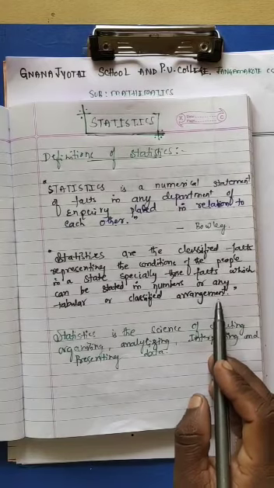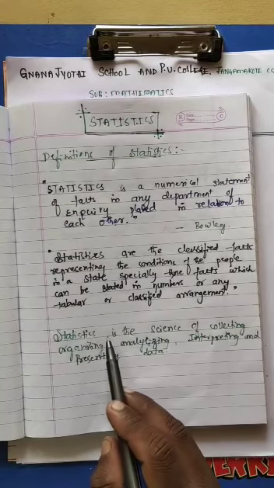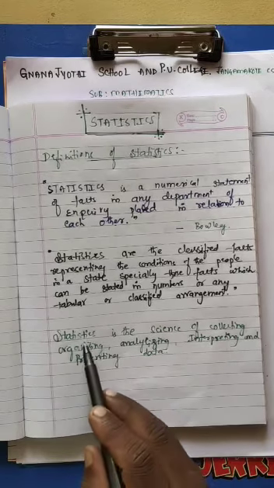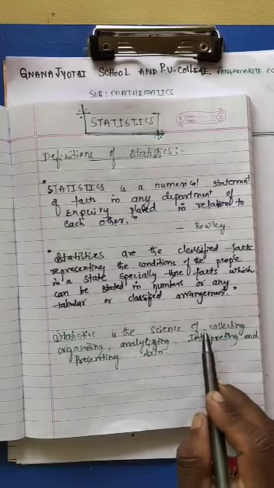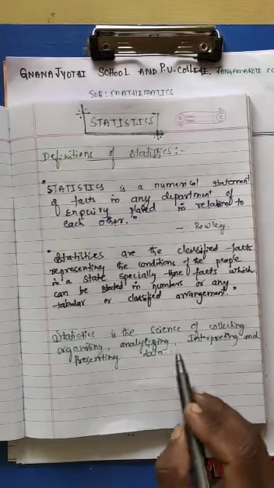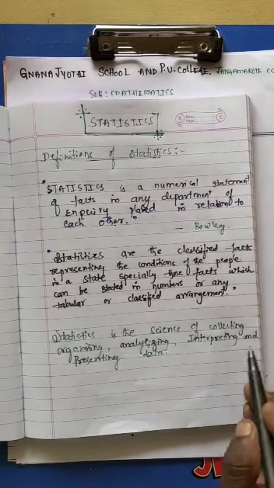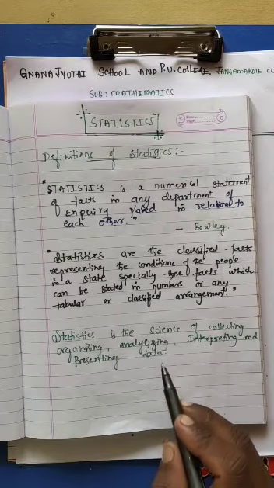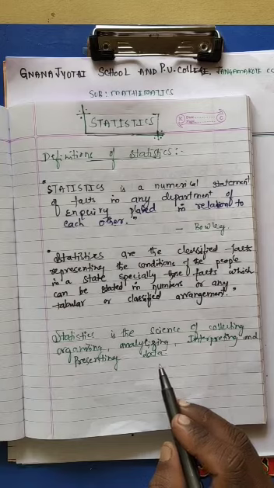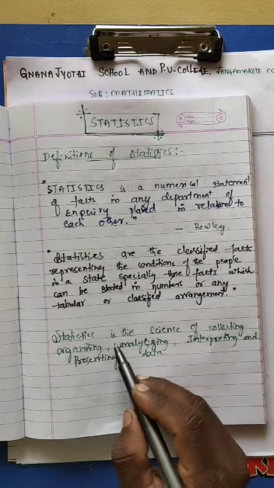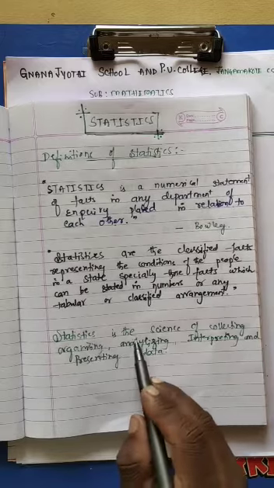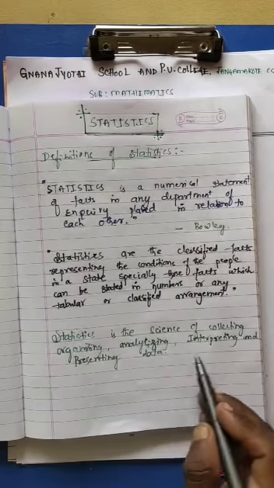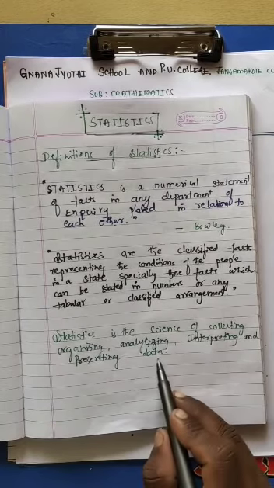So, in general, statistics can be defined as the science of collecting, organizing, analyzing, interpreting and presenting the data. I'll repeat this once again. In general, statistics is usually defined as the science of collecting, organizing, analyzing, interpreting and presenting the data.